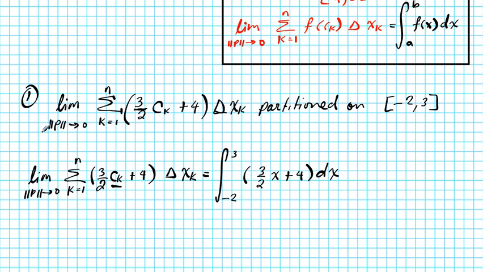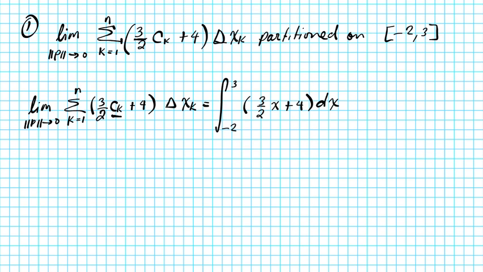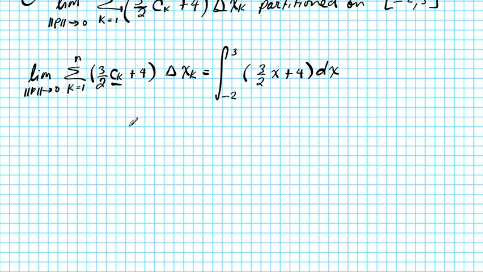Since we are not using integration rules here, we're going to be using geometry. We have to draw this curve, and then use the geometric formulas to compute the area under this curve from here to here. So let's draw the curve. The curve we're looking at is y equals 3 over 2 x plus 4. This is the equation of a line.